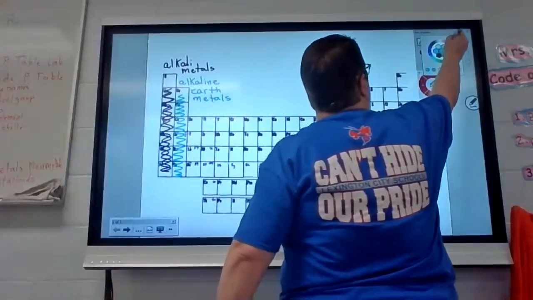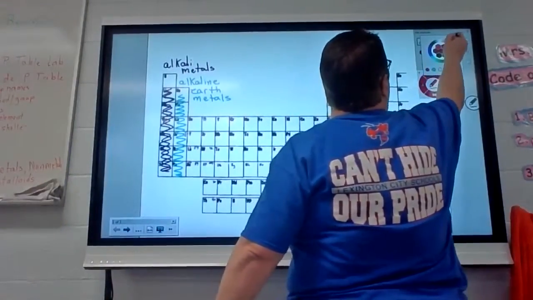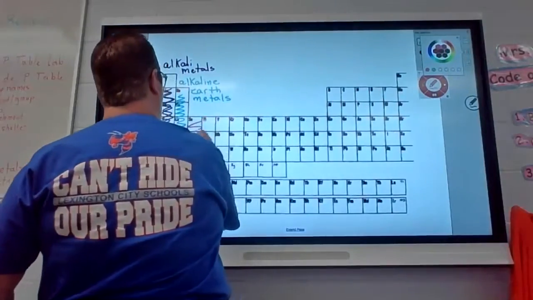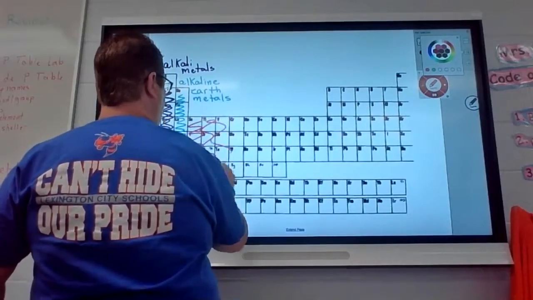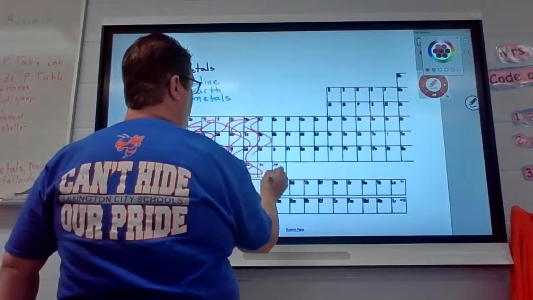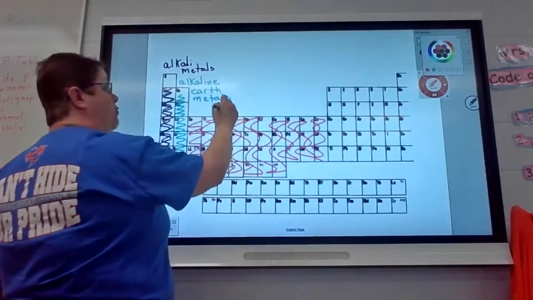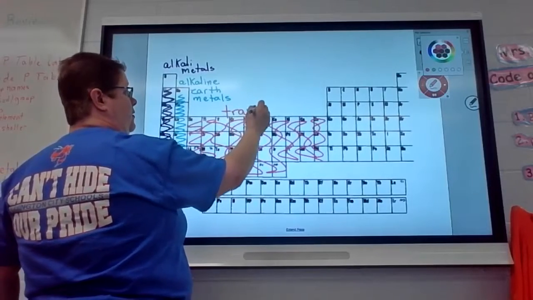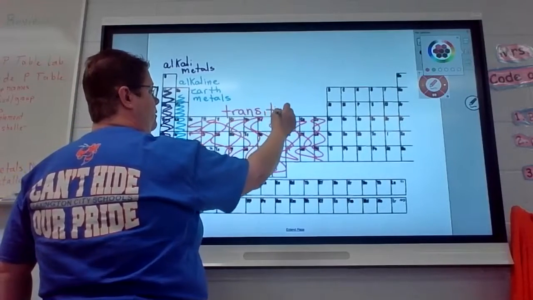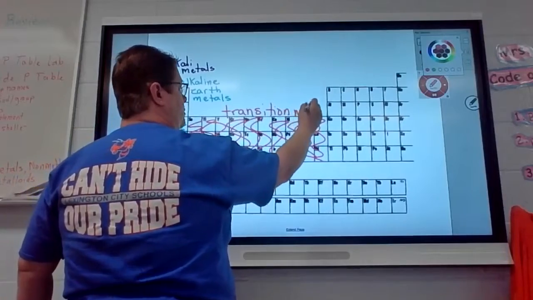Now, the transition metals are pretty big, all right? They're this whole middle section, and I'm not going to spend my day coloring neatly. You're not making a museum piece. You're doing notes, okay? These are called the transition metals.